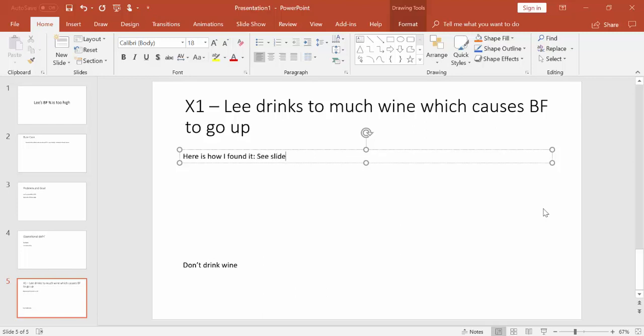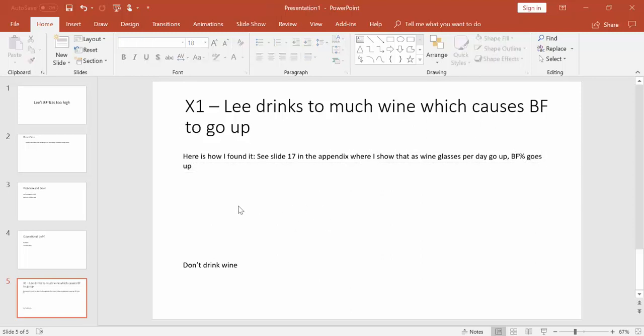See slide 17 in the appendix where I show that as wine glasses per day go up, body fat percent goes up. You could also insert the regression equation, or in this case, the scatter plot would show that as wine glasses go up, body fat goes up. So here's how I found it.